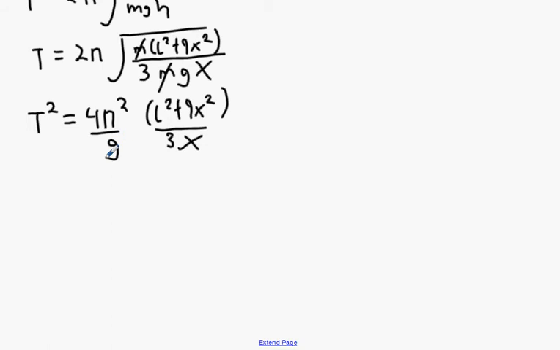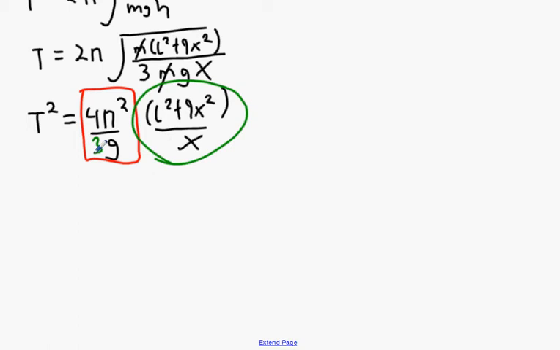Okay, can anybody explain why I broke it up that way? It's a constant times something that's differentiable. In fact, the 3 can go as well, can't it? So we'll get rid of the 3 as well. That 3 on the bottom can go over here. Okay?